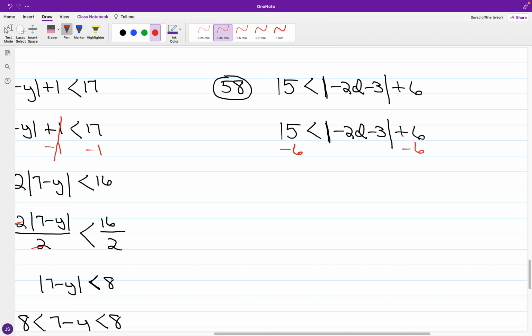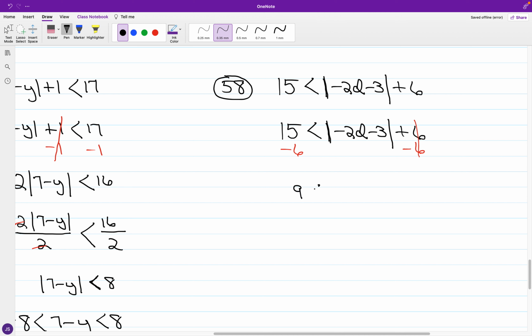Okay, so if I take 6 away from both sides, 15 minus 6 is 9. 9 is less than the absolute value of negative 2d minus 3. And now, with the rules we've had for the inequality term on the left-hand side, I can do the same thing here, just flipping.